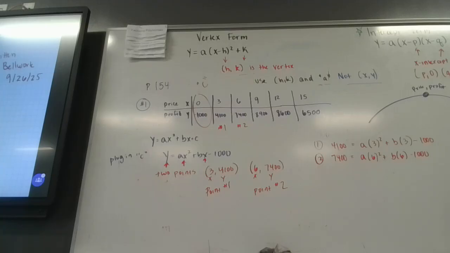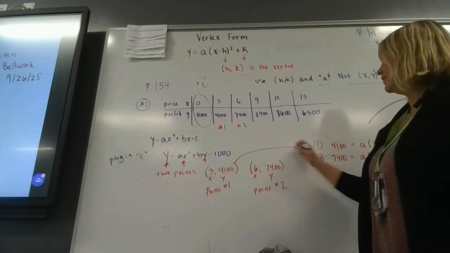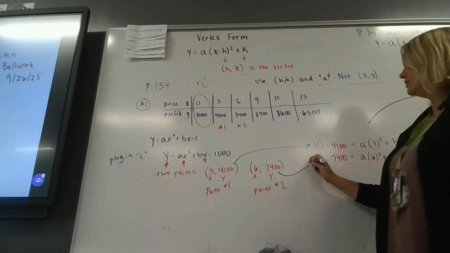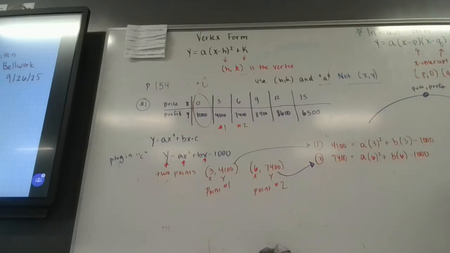Okay. So I'm writing a system of equations with both points. I plugged in point 1 for the first equation, point 2 for the second equation. And from here, it's math. So we're going to simplify, and then we can fall back on our elimination skills.